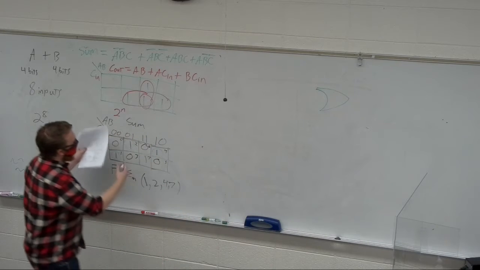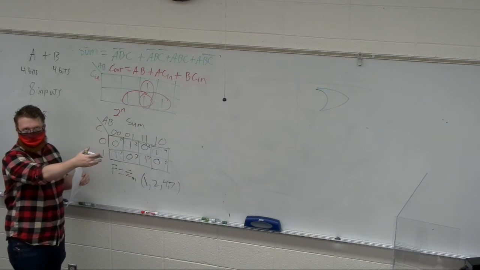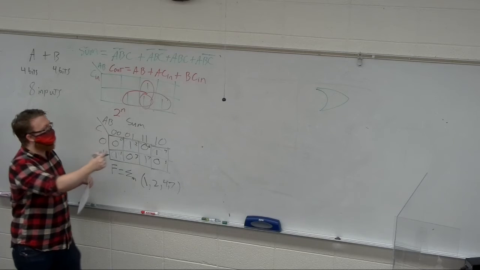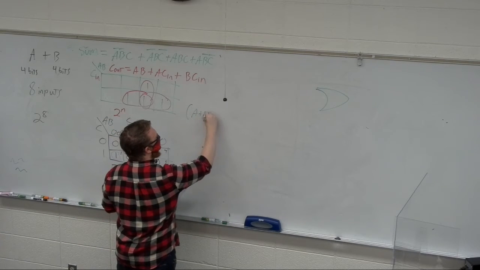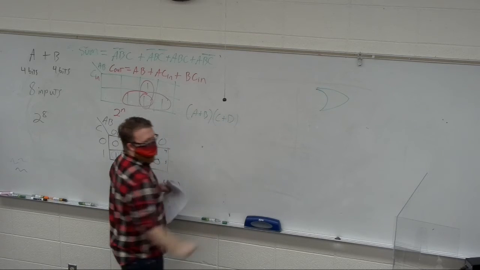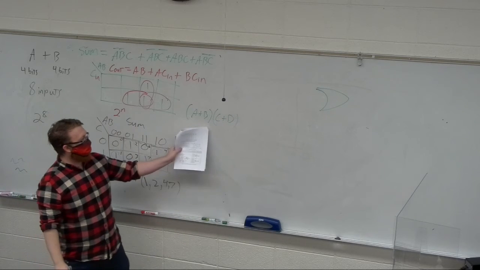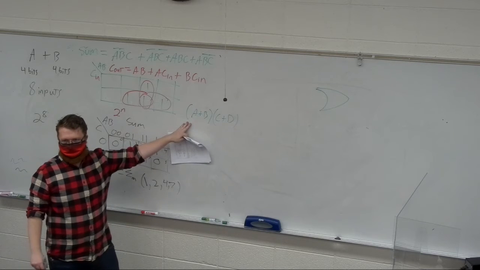Similarly, if I have circled zeros, which you can do, but that turns it into a product of sums expression, so it would look something like that, right? Product of sums. Then that would mean that my output gate is an AND gate.